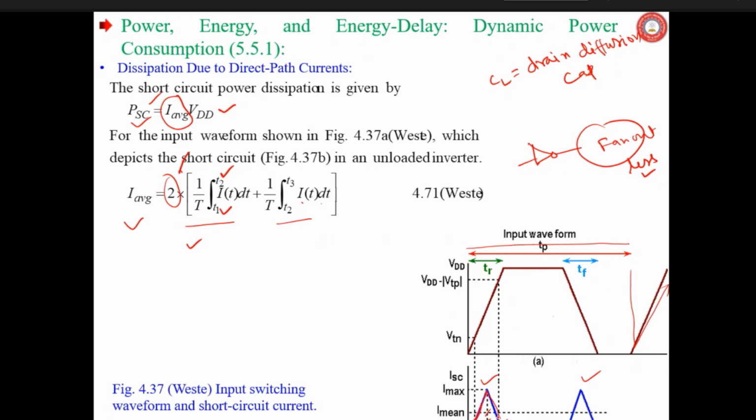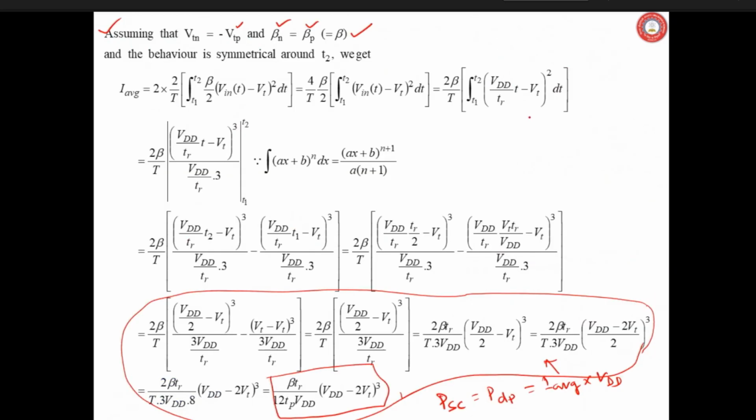If it is symmetrical, it is not rise time and fall time, it is rather when spiking up and spiking down is same, then integrating at the end you will get this expression what I have shown earlier.